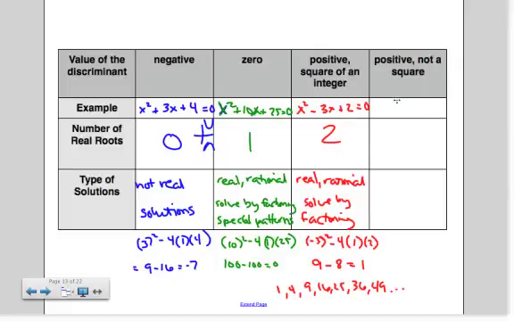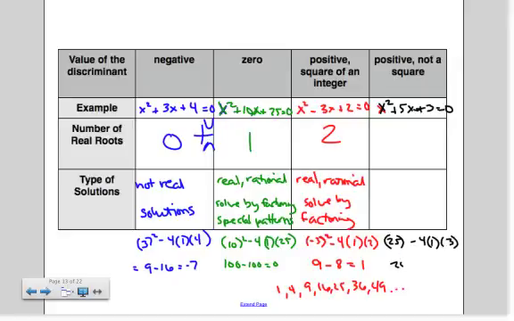All right, and the last one is if it's positive and not a square. For example, let's get x squared plus 5x plus 3 equals 0. In this situation, I would have b squared, which is 25, minus 4 times 1 times 3.